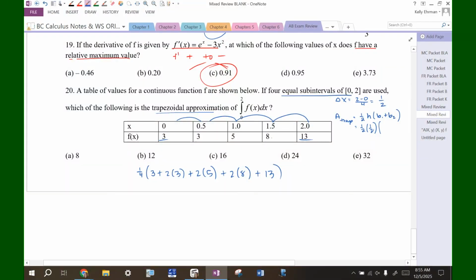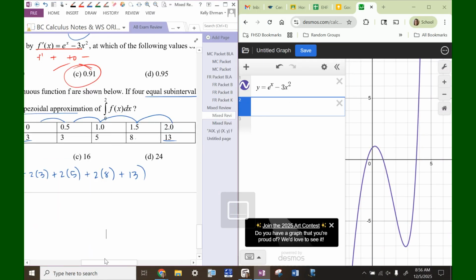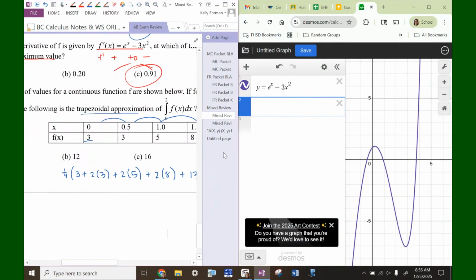The middles get used twice because they get used in two trapezoids. So let's just see what that comes out to. One-fourth times 3 plus 6 plus 10 plus 16 plus 13. 12.